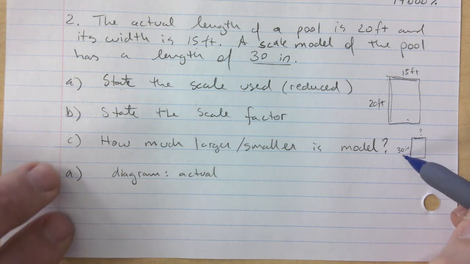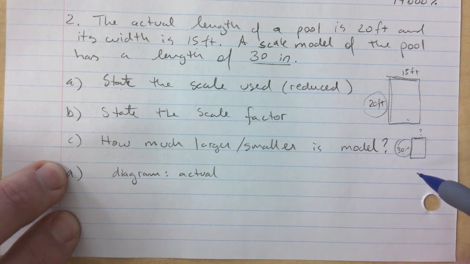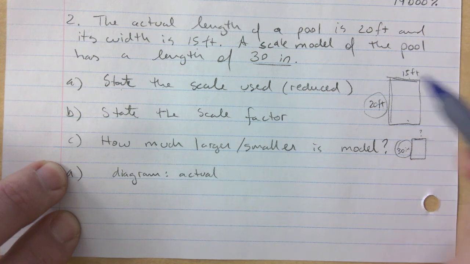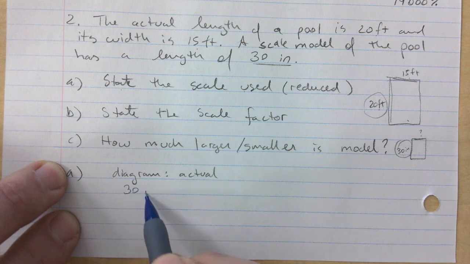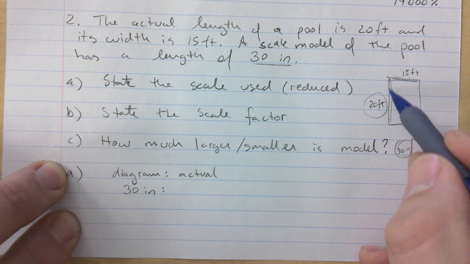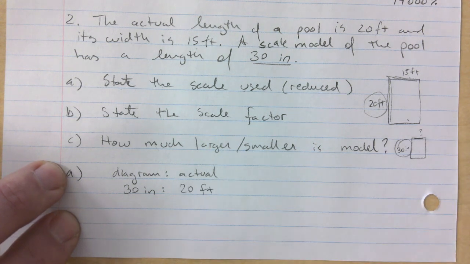So here you go. We only have the lengths to compare. So the 15 is what I call too much information, right? You don't need that. So the diagram is 30 inches, and the actual length here would be 20 feet. There you have it.